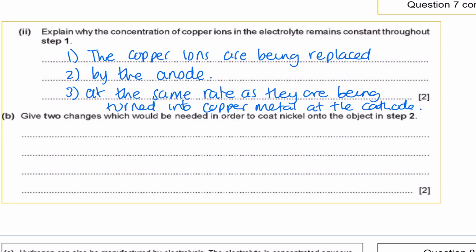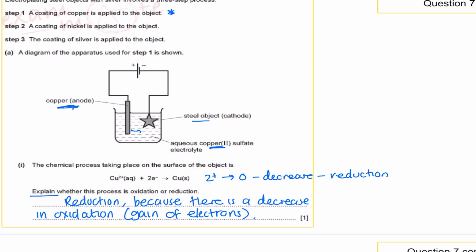Give 2 changes which would be needed in order to coat nickel onto the object in step 2. So what changes do we need to make to this surface here? We can't have copper as the anode, or we're going to still carry on plating the steel object with copper.